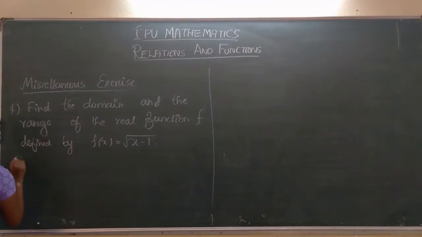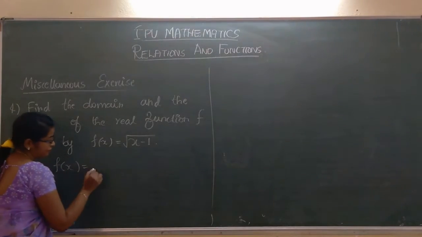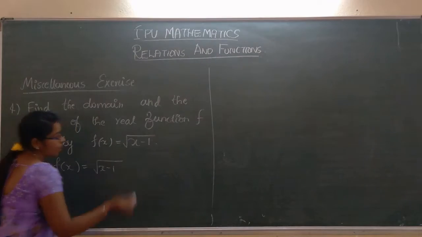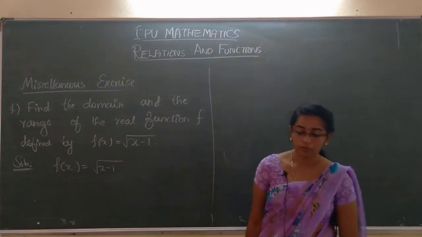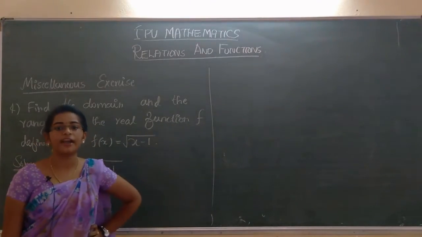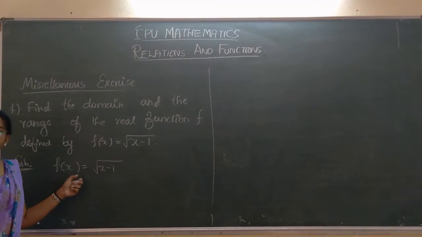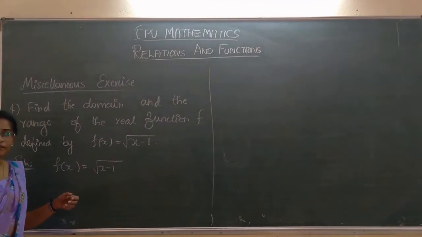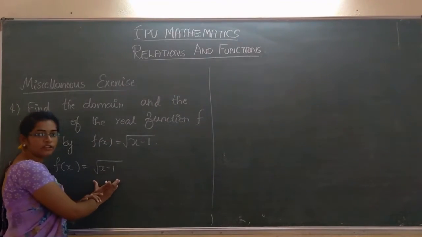This is the function. Now, first look at the domain of this function. We have f of x equal to square root of x minus 1. Domain is the set of all x for which the function is well defined. Look at this, it is a square root function.